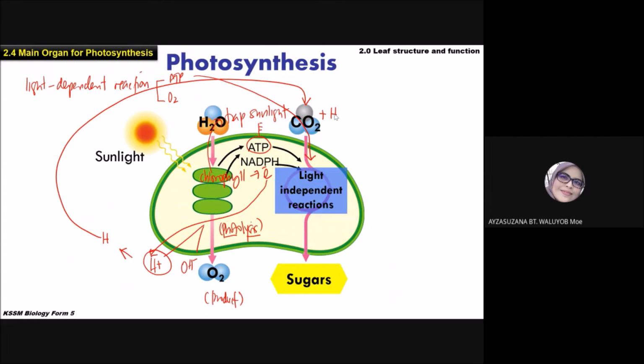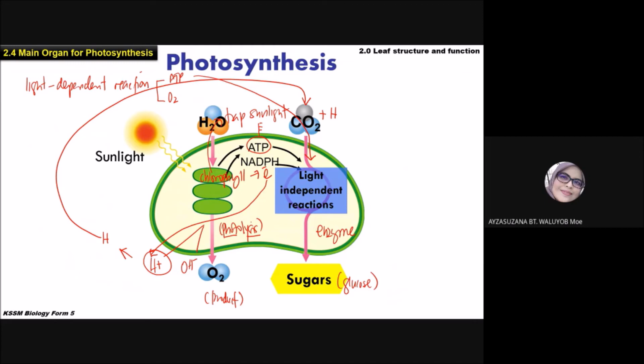Okay. After a series of reaction catalyzed by enzyme, still remember this is the stroma. In the stroma contain enzyme. So, this enzyme will dia punya function is to catalyze the reaction. So, after a series of reaction catalyzed by this enzyme, glucose is formed.